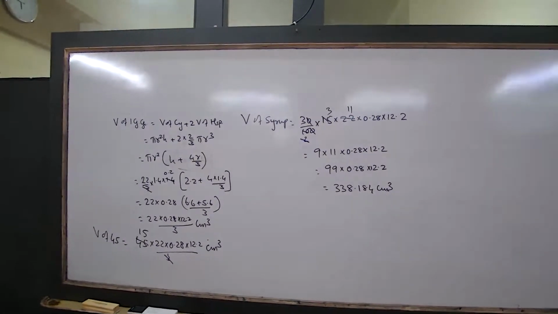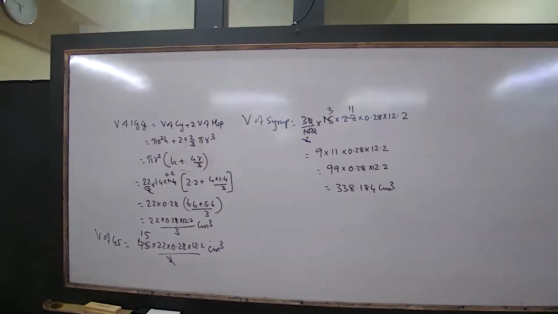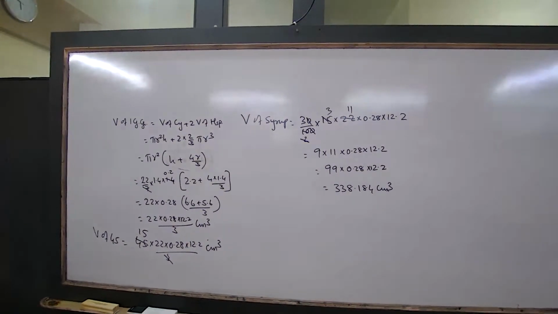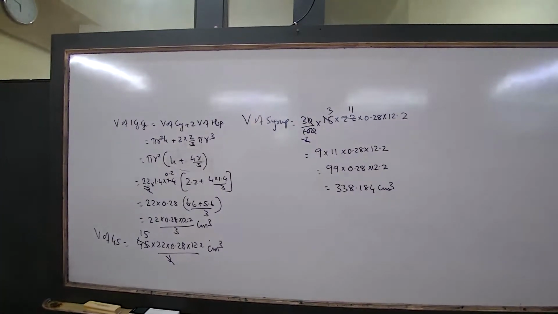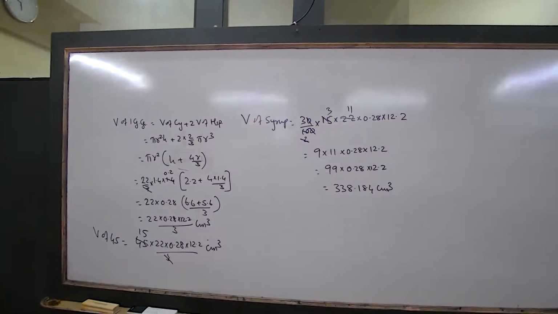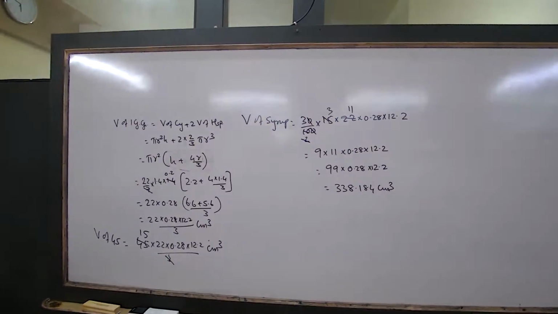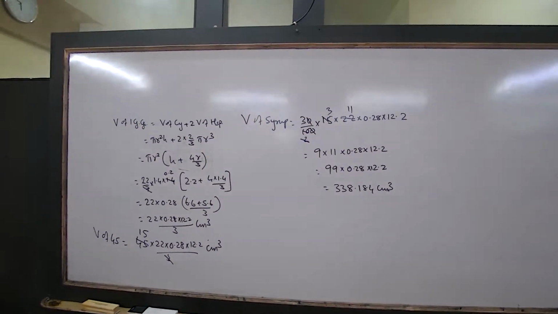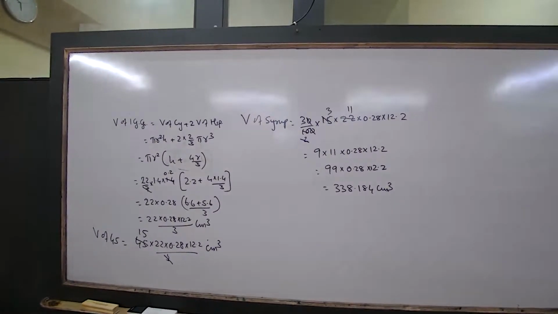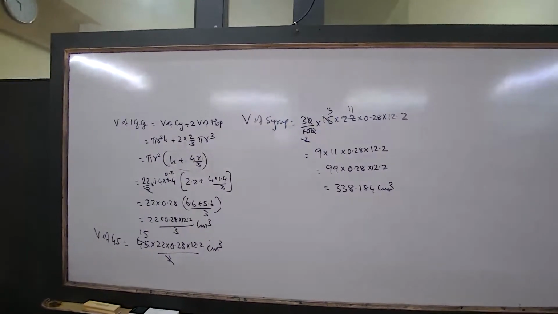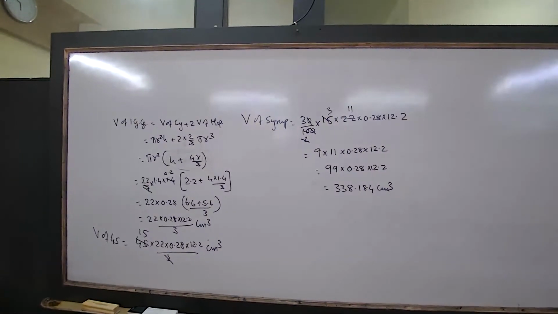Volume is equal to 1/3 pi r square H. Pi don't put because division it will cancel. 1/3 pi into 5 into 5 into 8. If you want, you can get 5 into 5, 200. 200 pi by 3 centimeter cube. That is the volume of the vessel. 1/4 here to take. Okay, leave this one.